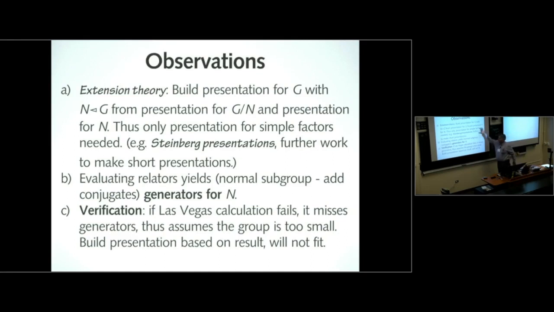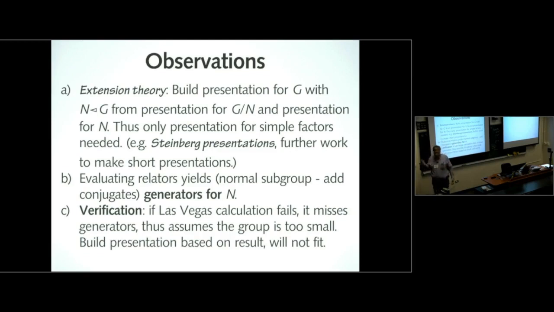But if we have a group, we can build a presentation, at least in principle, from presentations for simple groups. Second remark, if we have a presentation for a factor group, and we evaluate the relators for the presentation in the corresponding generators of the factor group, well, they will always give us the identity in the factor group because they are identities which hold in the factor group. And in fact, they give us normal subgroup generators for the normal subgroup.